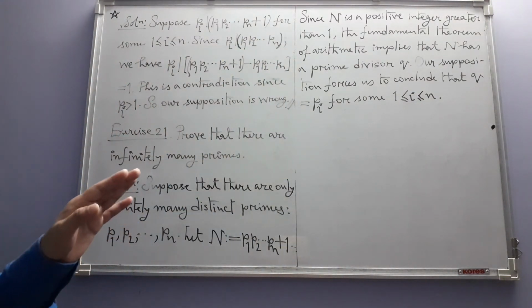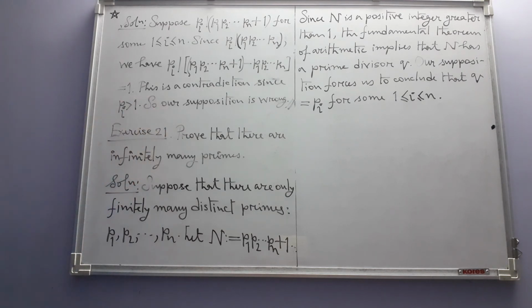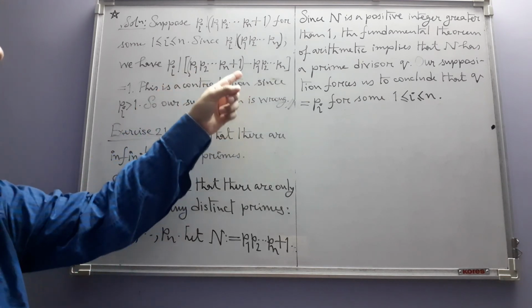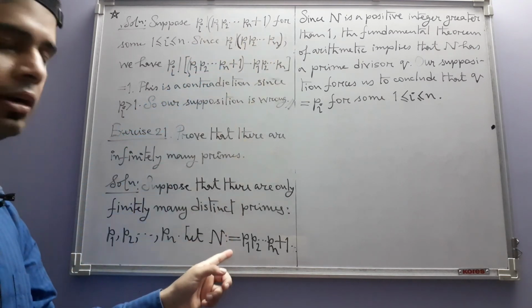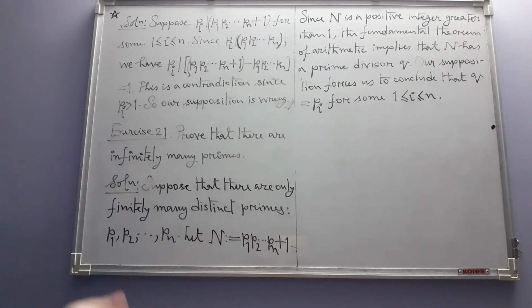But that in itself contradicts the previous exercise, because the previous exercise says that whatever prime factor n has, it will not be one of these primes. It will be something else.